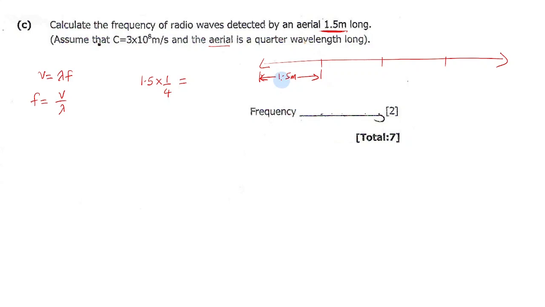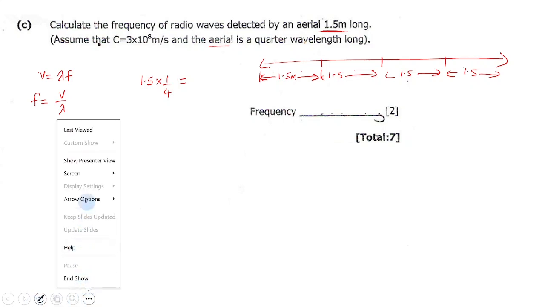In short, for it to be a full wavelength, you multiply by 1, 2, 3, 4. So this is 1.5, again 1.5, again 1.5, so times 4.